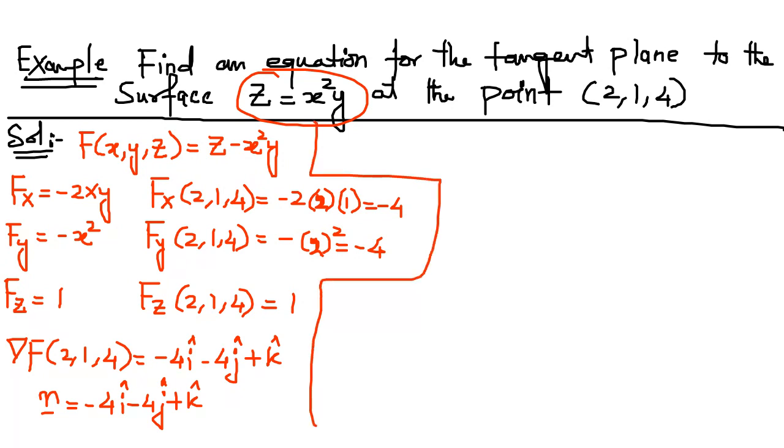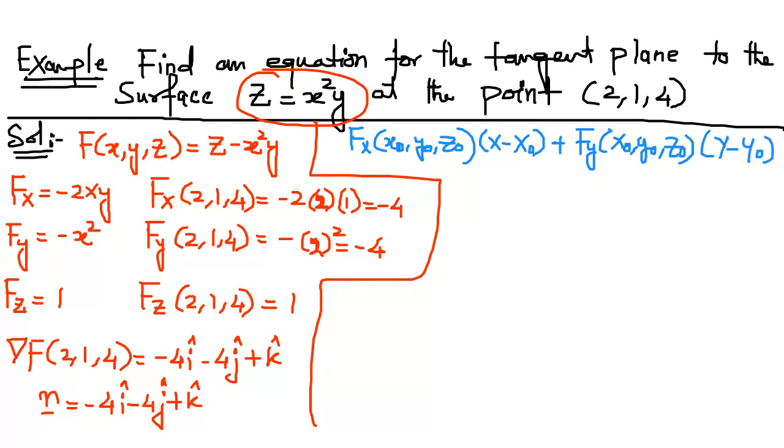Now calculate the tangent plane. What is the tangent plane formula? That is f of x, x naught, y naught and z naught, x minus x naught, plus partial derivative of y at x naught, y naught and z naught, y minus y naught, plus f of z at x naught, y naught and z naught, z minus z naught, which is equal to 0.